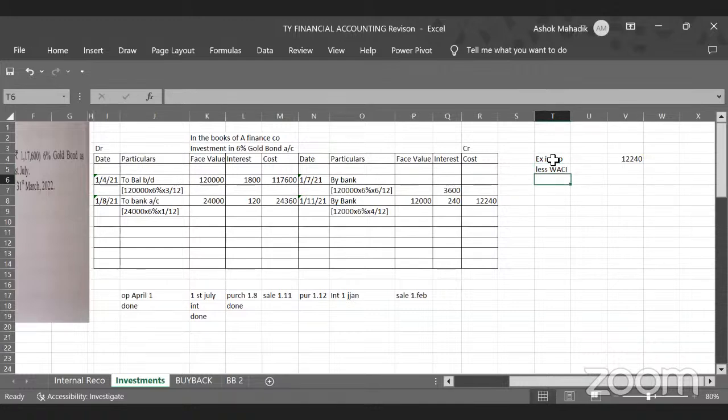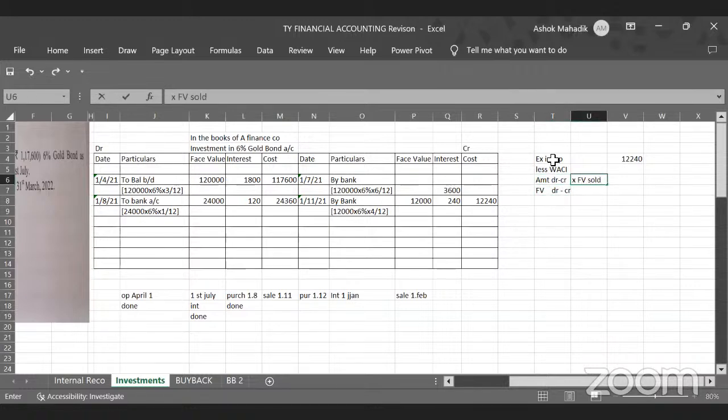weighted average cost of investment. Now the formula is amount column debit minus credit upon face value column debit minus credit, into face value sold.